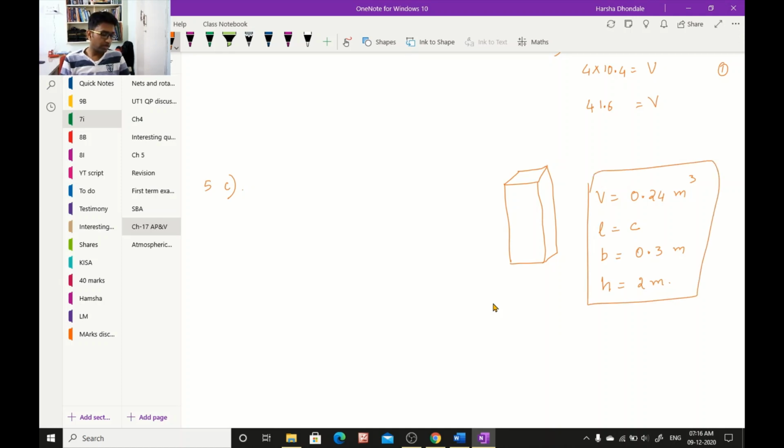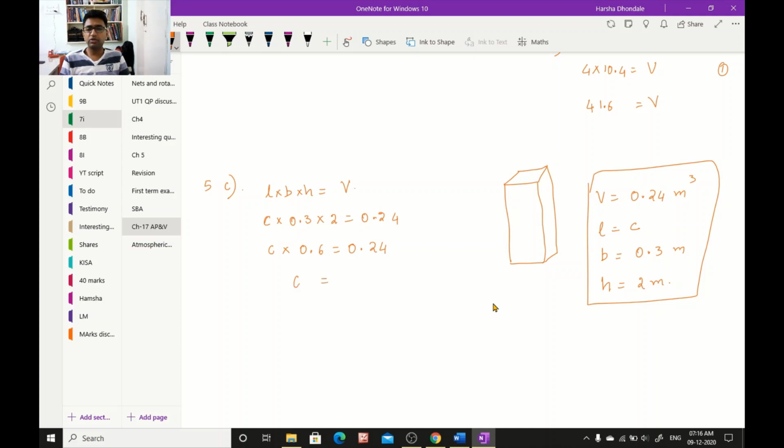So what I will do is length into breadth into height is equal to volume. C into breadth 0.3 into height 2 is equal to volume, which is 0.24 meter cube. I'll just avoid writing this meter cube, just to make the calculation simple and easy. So C into 0.3 into 2 is 0.6, equal to 0.24.